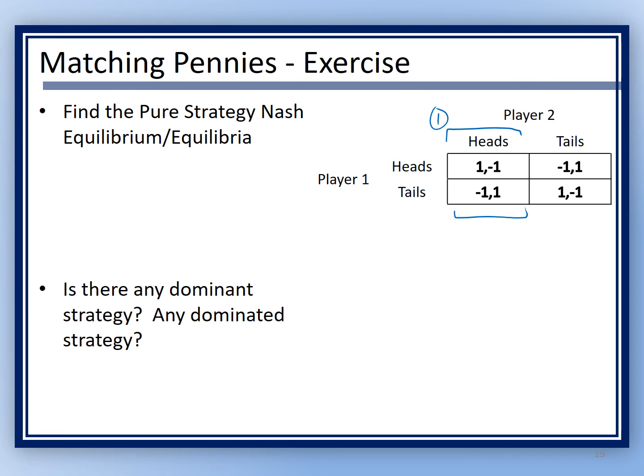That's why it's called two-faced. So if player 2 puts forward a head, player 1 wants to match. Remember, he wins by matching, so he's going to choose heads. If player 2 chooses to put forward a tail, then player 1 gets 1 by matching, so he's going to match and put forward a tail.